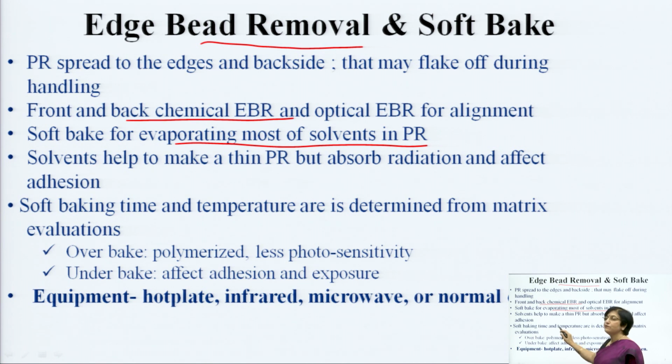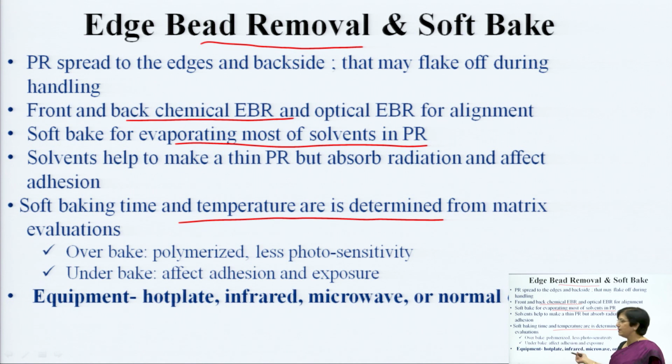This soft baking is very important, because depending upon the PR you have something known as the baking time and the temperature. The temperature is very moderate, less than 100 degrees basically, because silicon is a very brittle substance to be handled carefully, and you have to take care while handling the wafers. So, to increase the photosensitivity and maintain the adhesiveness, you carry out this soft baking.